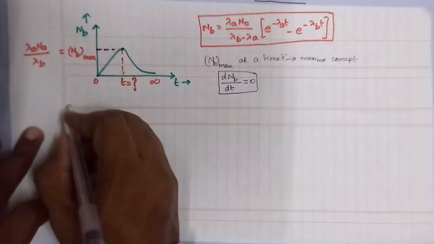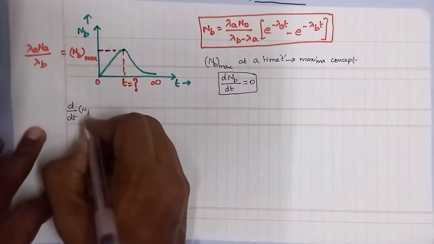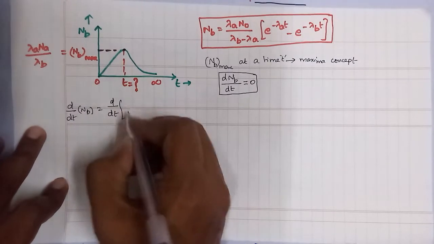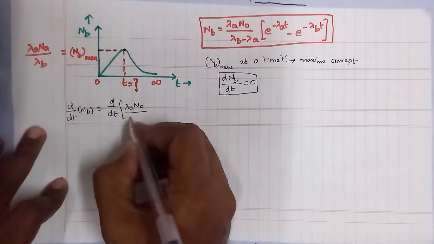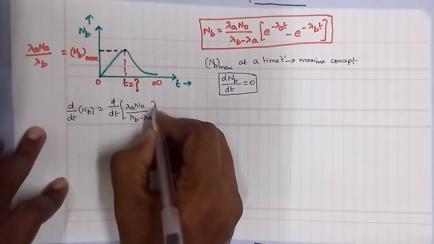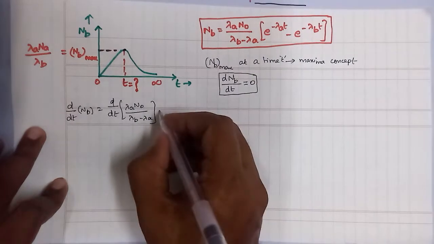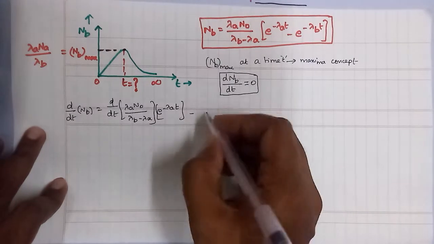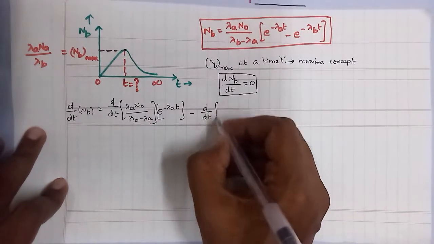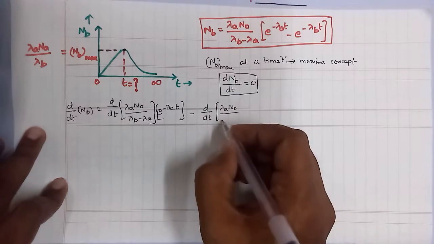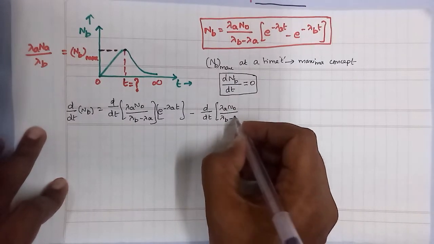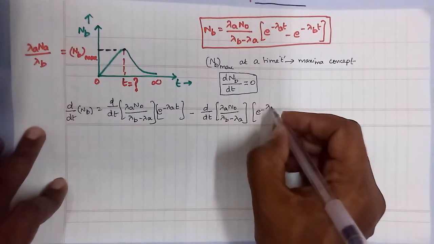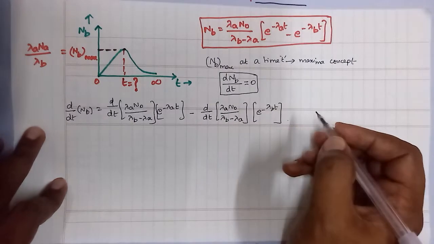So we will get d by dt of NB is equal to d by dt of lambda A N naught by lambda B minus lambda A. When we split it, then e power minus lambda A t, minus d by dt of lambda A N naught by lambda B minus lambda A into e power minus lambda B t.